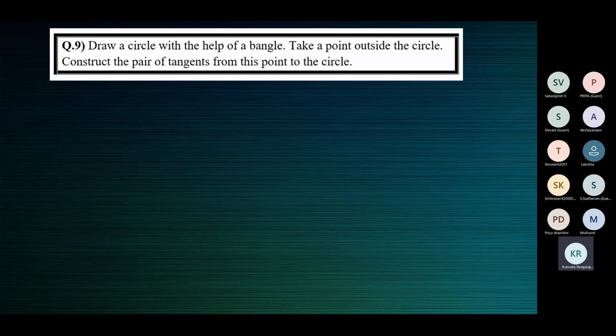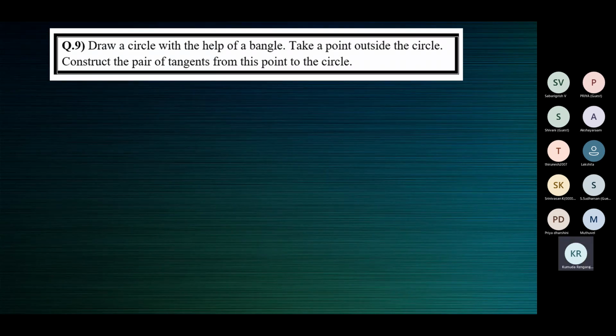You can mark the center O, but when you draw a circle with the help of a bangle, you cannot identify or mark its center. So the first task is to identify the center of the circle.